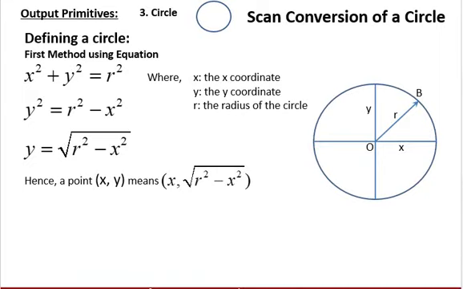Here we have the first method, the equation. x square plus y square equals r square, which is the general formula of the circle. Here we have y square equals r square minus x square, and finally y equals root over r square minus x square. Here x denotes the x coordinate, y is the y coordinate, and r is the radius of the circle.